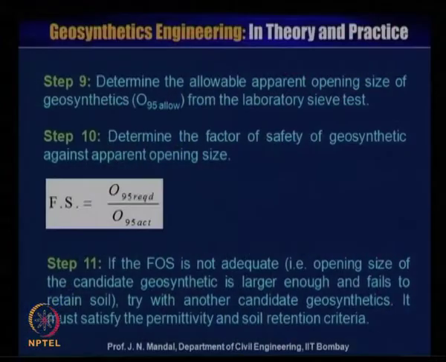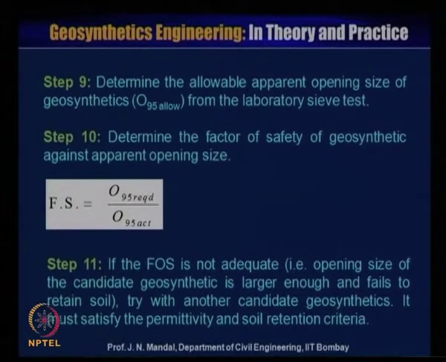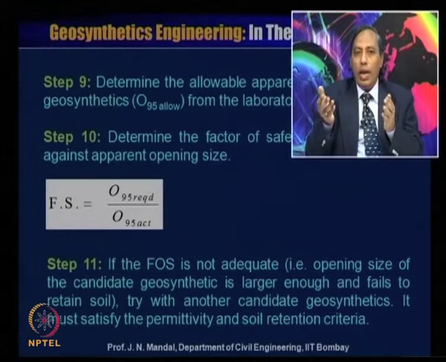Now step 9, determine the allowable apparent opening size of the geotextile from the laboratory test. From the laboratory test you can determine what is O95. Then step 10, determine the factor of safety of the geosynthetics against apparent opening size. That means the factor of safety will be equal to O95 required over O95 actual.